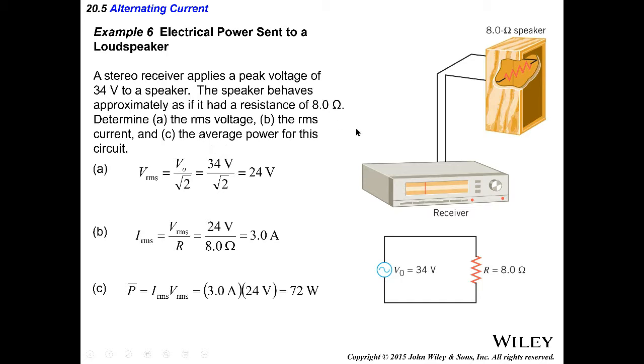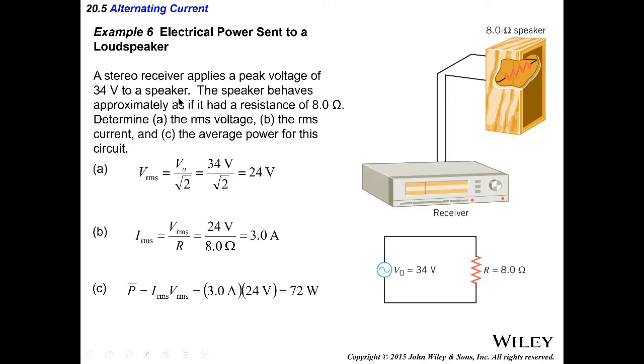Okay, so now we can do a quick application. If I have a stereo receiver and I have a peak voltage, and now you notice they are being fussy here, or maybe they are being cunning here, and they are saying, my stereo receiver receives a peak voltage, which is maximum voltage, of 34 volts to a speaker.